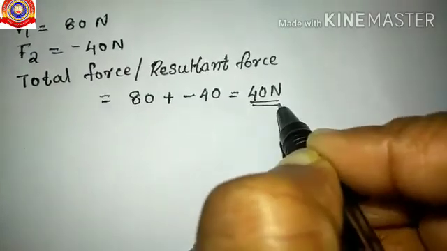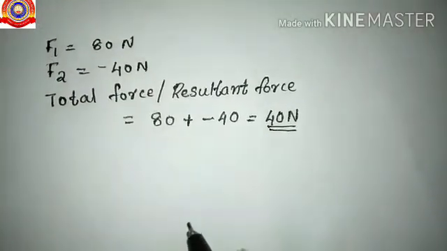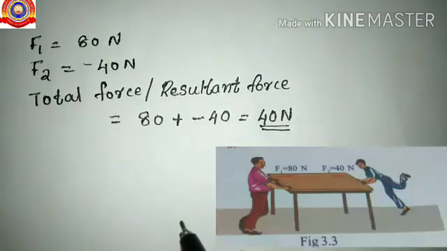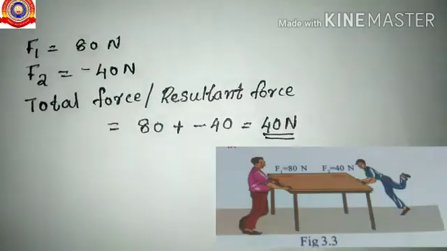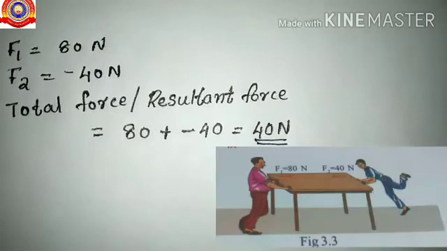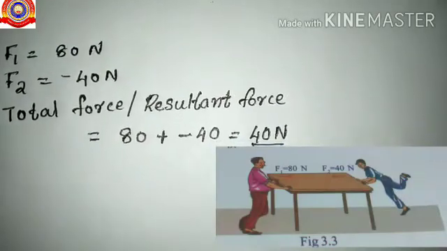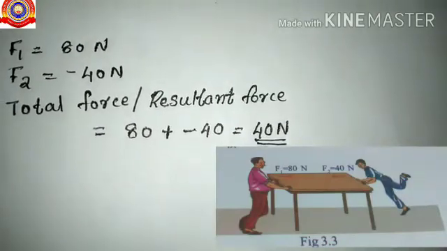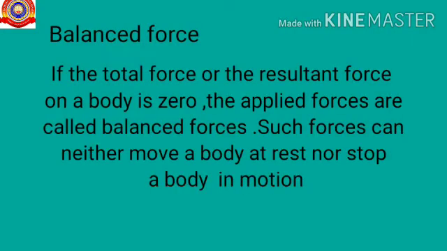So here the resultant force is 40 Newton. The table will move in the direction of the first person, that is 80 Newton.